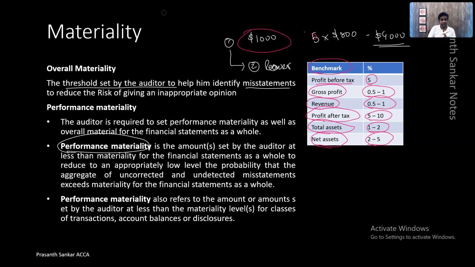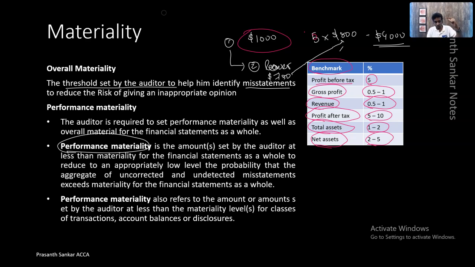In performance materiality, we establish a specific materiality for each account, and it is lower than the $1,000, maybe at 75%, $750. Now when we establish a performance materiality of $750, we would have investigated the transaction of $800, so we would not have missed it. That's the beauty of materiality. We set aside levels of materiality.